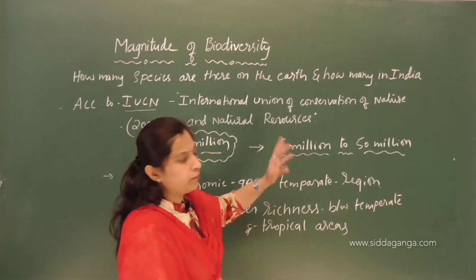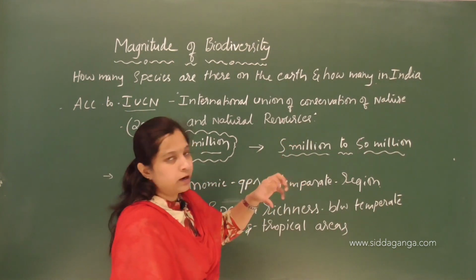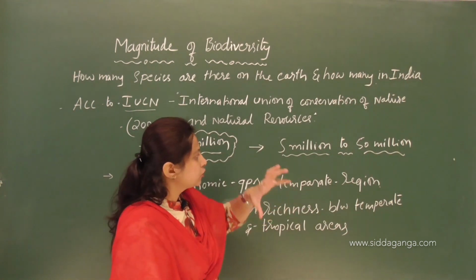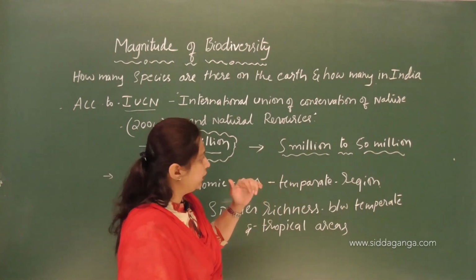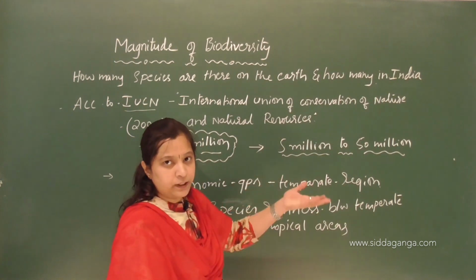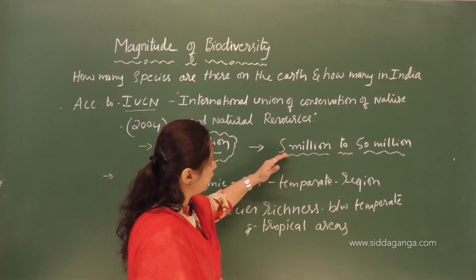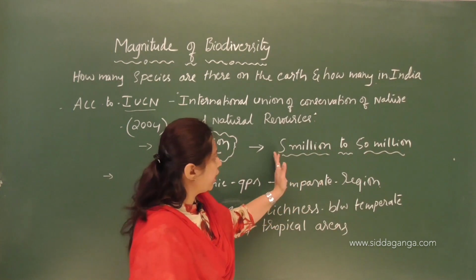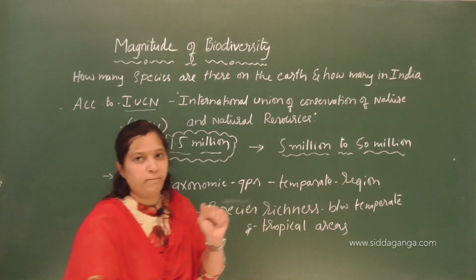So this is the calculation by some persons, based on all the observations, by looking into all the aspects. They calculated roughly that the number of species may fall between 5 million to 50 million.